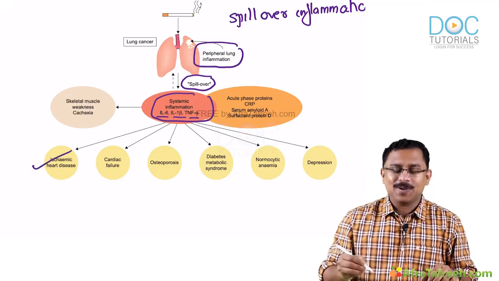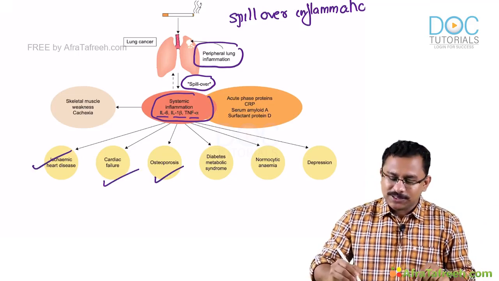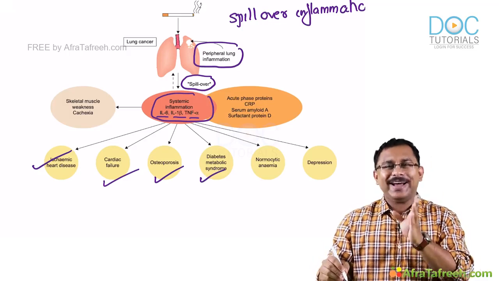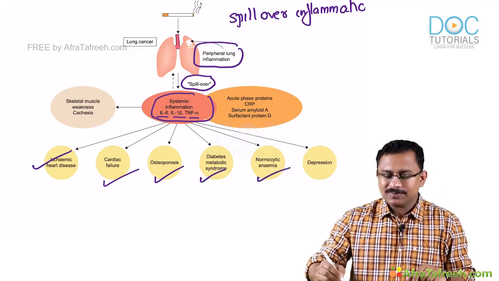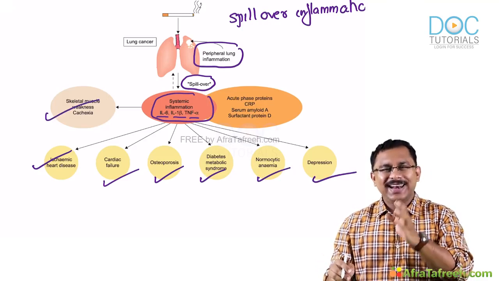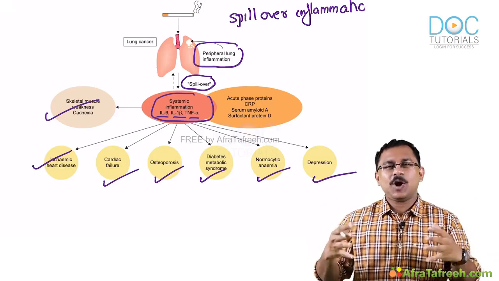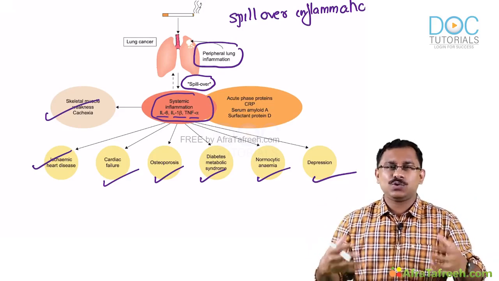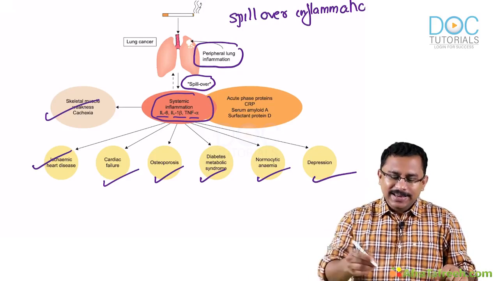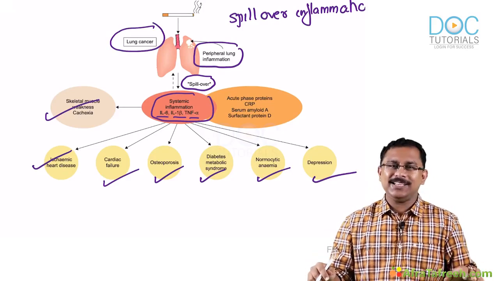So you can have ischemic heart disease, heart failure. In the bones, it can cause osteoporosis. It can predispose to diabetes and metabolic syndrome, anemia, depression, and you might also have skeletal muscle weakness and cachexia. So that's probably the reason why some persons lose weight. And yes, it can sometimes predispose to lung malignancy as well.